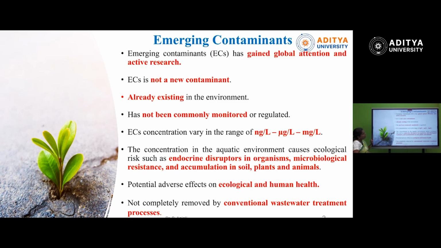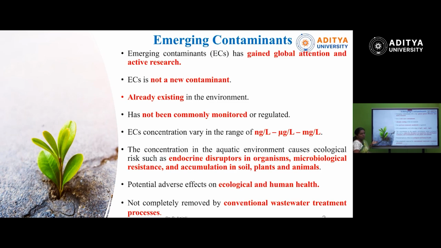So why do we need to focus on these emerging contaminants? They cause potential adverse effects on the environment as well as on human health. Generally, the effects are endocrine disturbance in organisms, bioaccumulation in soil, plants and animals, and microbial resistance. That means antibiotic resistant genes and bacteria are developing due to these pollutants.